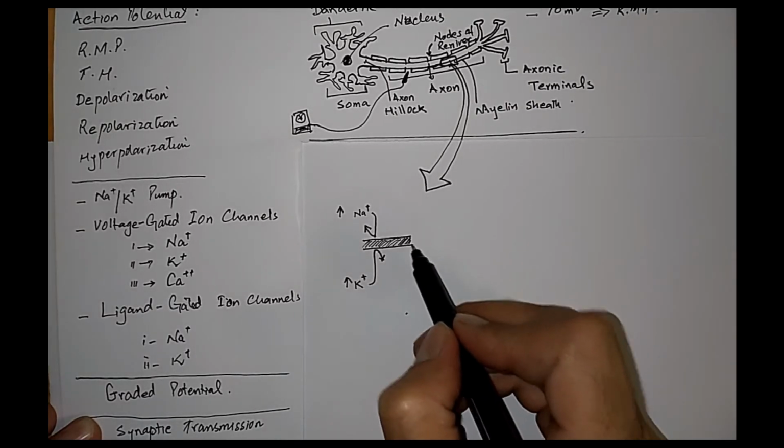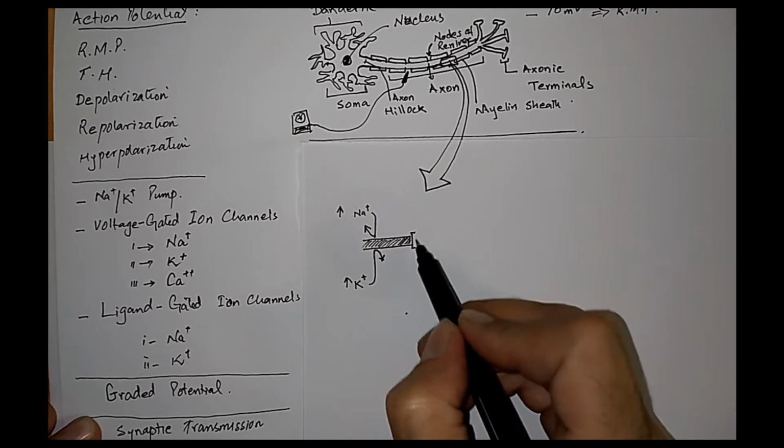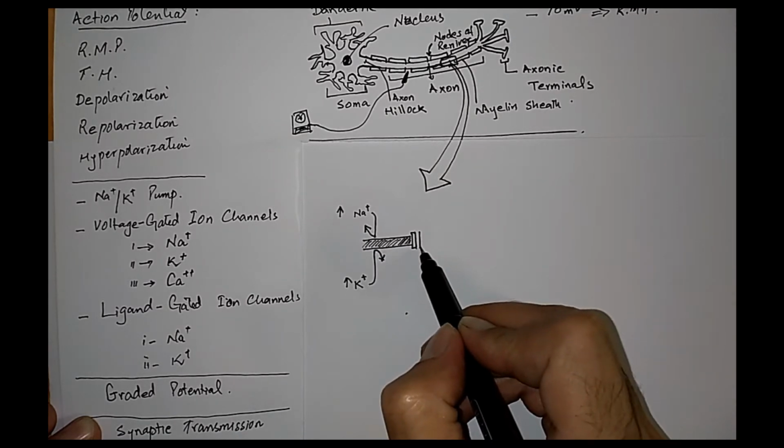But there are a few structures which are called the voltage gated ion channels.